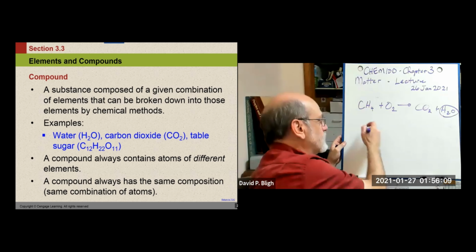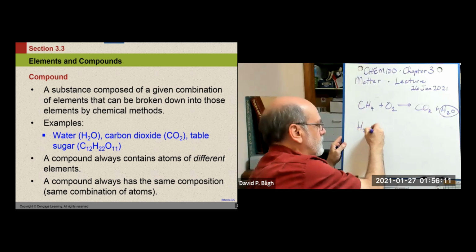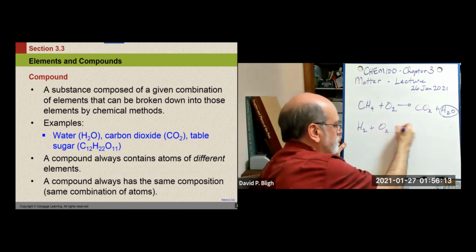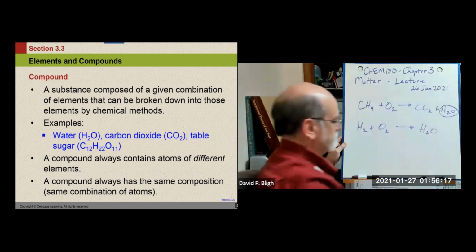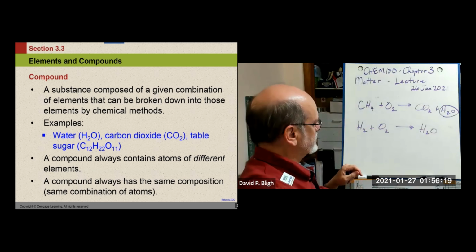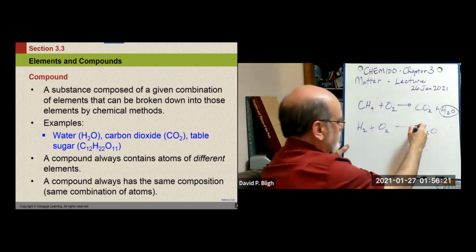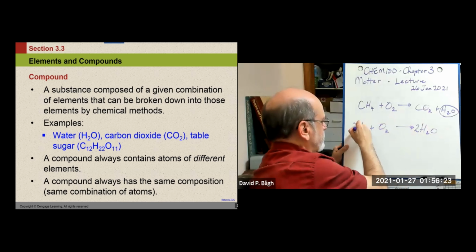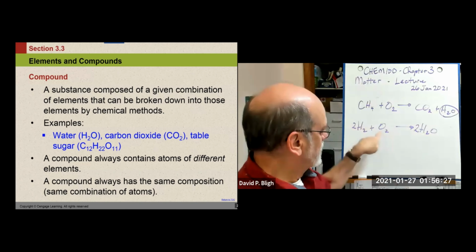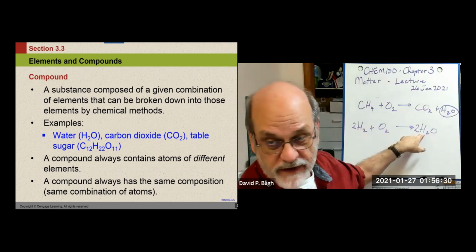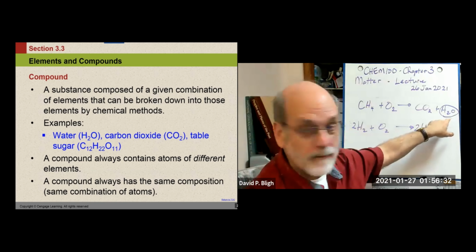But we can also do this. And let's see. I'll show you what that means down the road. This is the same, this is water. It's the same compound as that water.